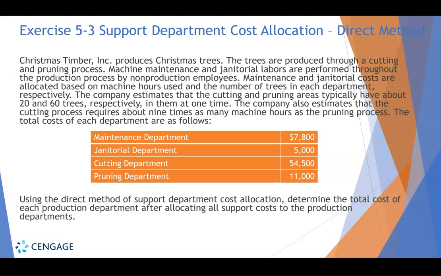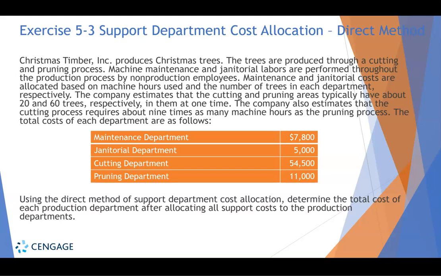The company estimates that the cutting and pruning areas typically have 20 and 60 trees, respectively, in them at one time. The company also estimates that the cutting process requires about 9 times as many machine hours as the pruning process. The total cost of each department is shown here.